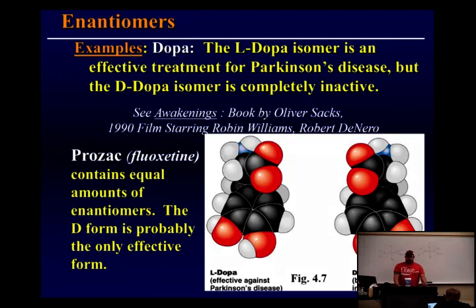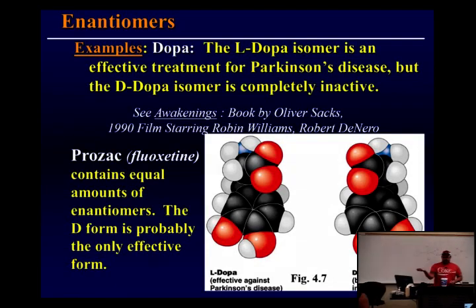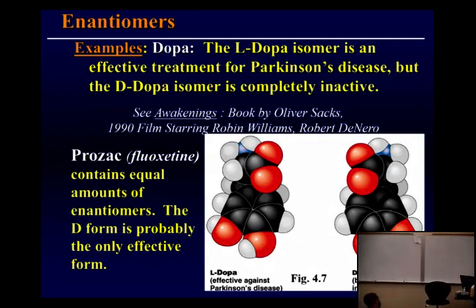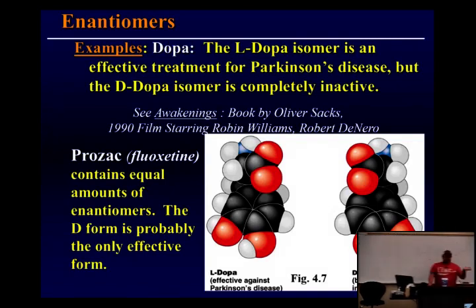And so in biological systems, not medicine, we call the left-handed form... Well, achiral means that it's not handed. So they're chiral, but the left-handed one gets the designation L, and the right-handed one gets the designation D. And in medicine, the left-handed one gets the designation S, and the right-handed one gets the designation R. Good.